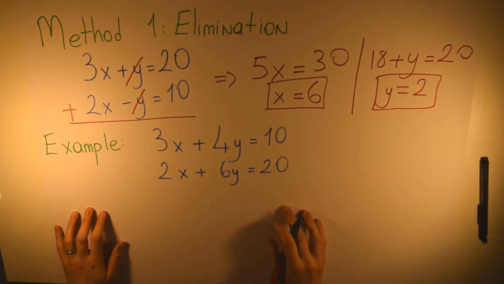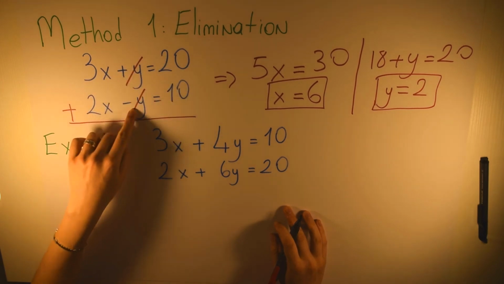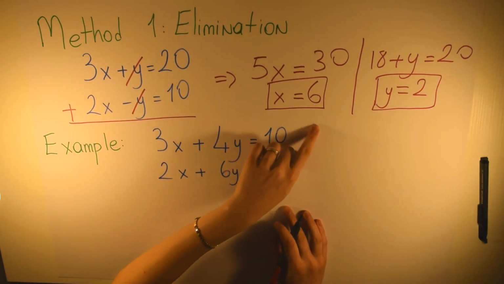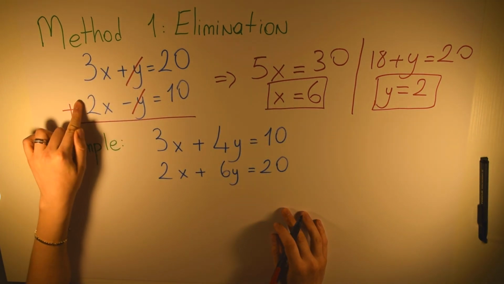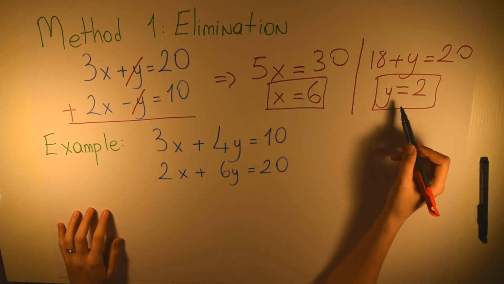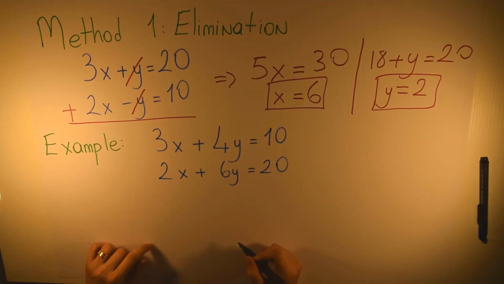As you can see, when I add them together, I cancel out these y's and I found x, and after that I just put this value in one of these equations, and then I will be able to find y. So let's look at another example.